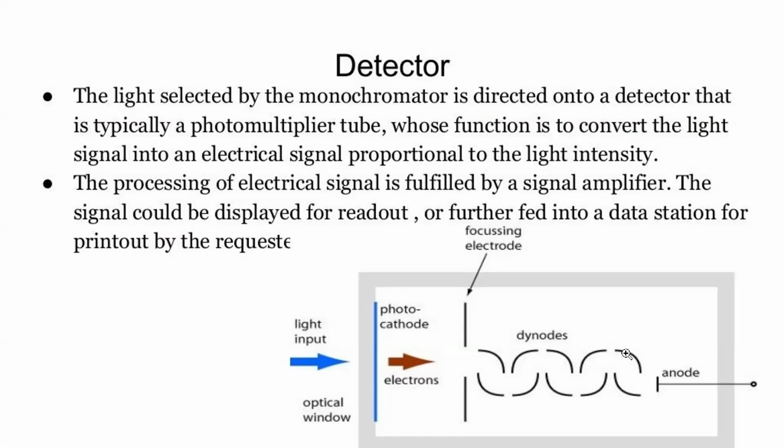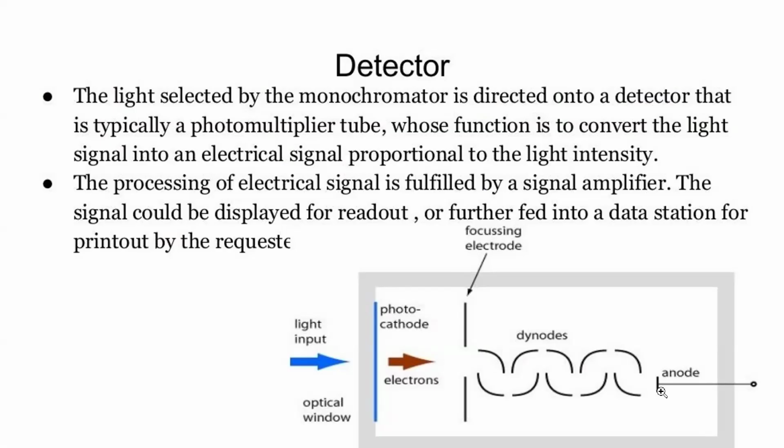In this way, a series of dynodes are present and the electrons are multiplied, by 8 to 10 times at each stage. Finally, several electrons reach the last dynode and these electrons are collected by the anode. So this is the working of the detector.